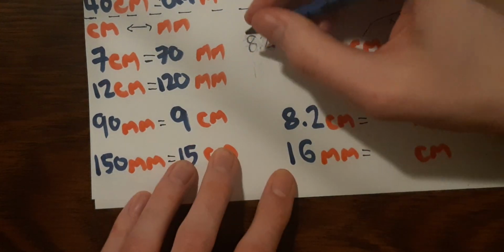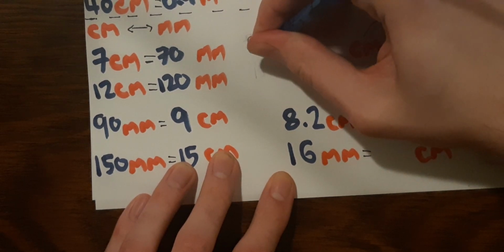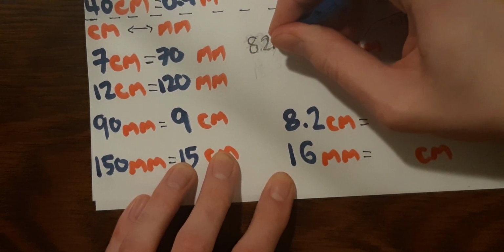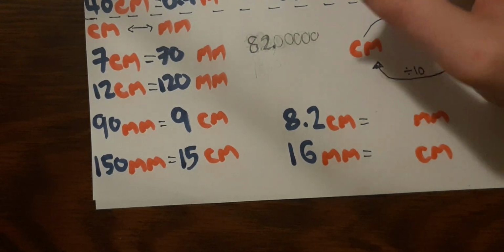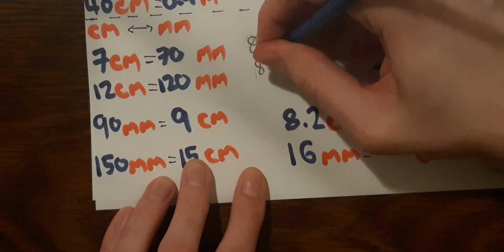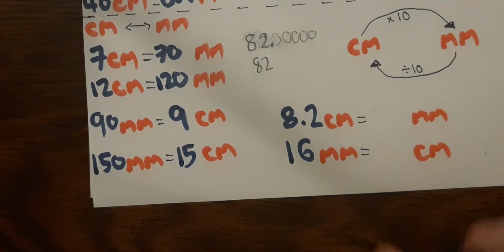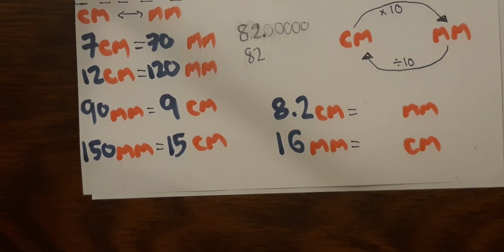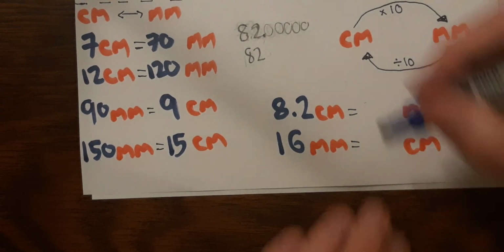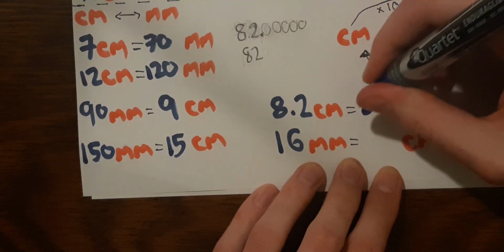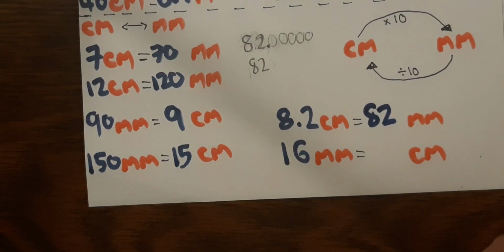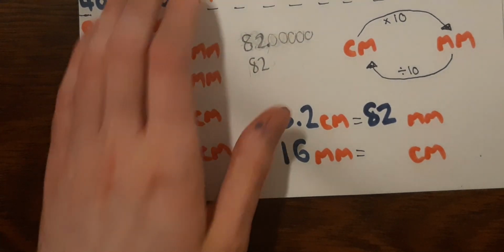It's kind of like a game at this point. We've got 8.2 decimal 000 forever, or 82. All right, so 8.2 centimeters is the same as 82 millimeters.